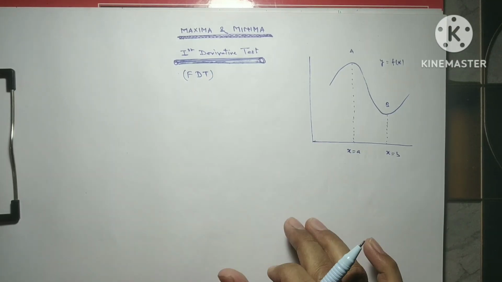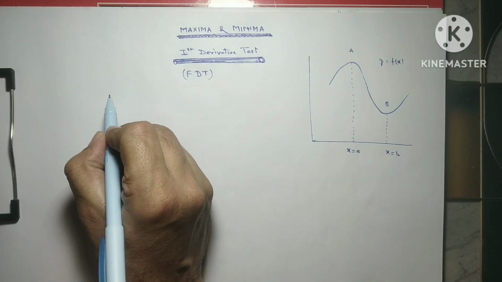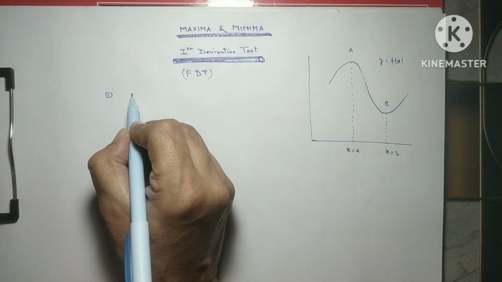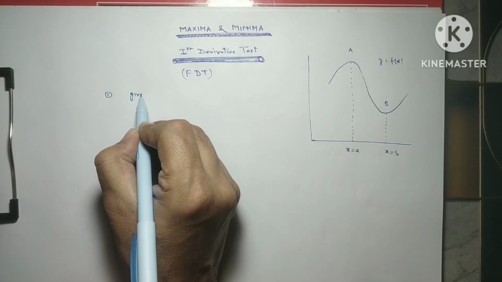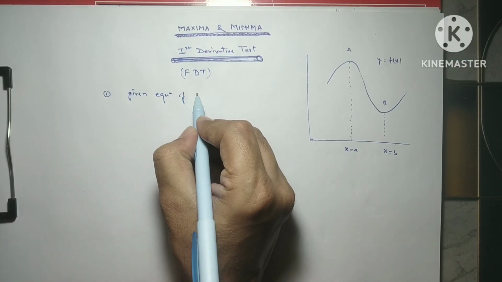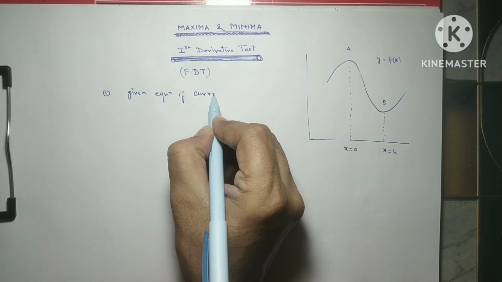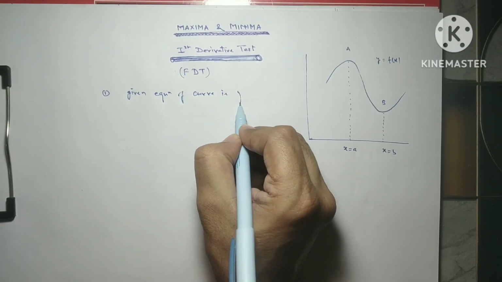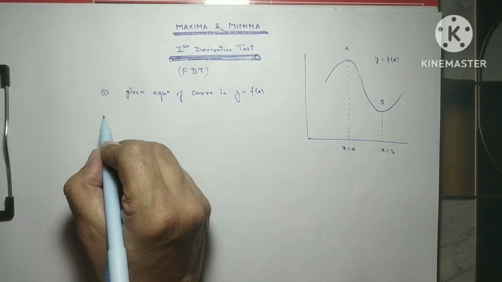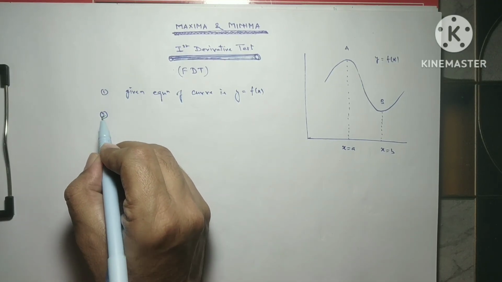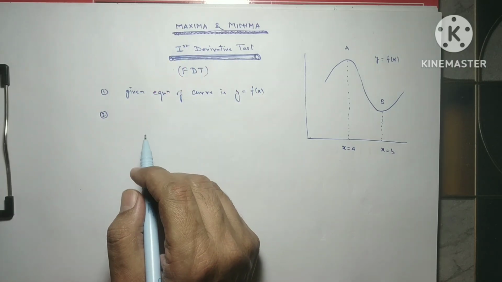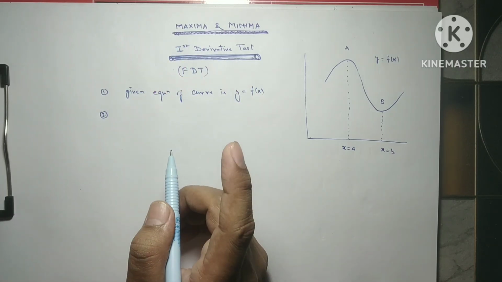According to this test, we have an equation, a given function, a given curve, that is y equals f(x). The working rule is this: first we will collect its first derivative, as we have titled first derivative test. So the first derivative is essential.